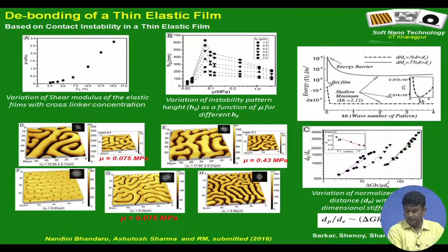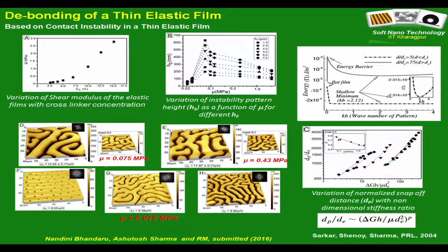The last thing that I would like to emphasize is that while I was talking about elastic contact instability, I mentioned that there is a hysteresis. In fact, as you try to debond the film, it also undergoes a morphological transition.